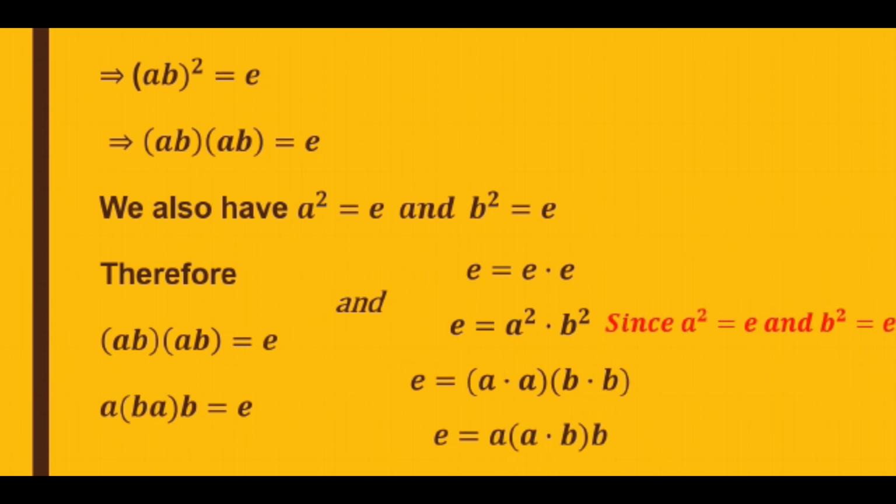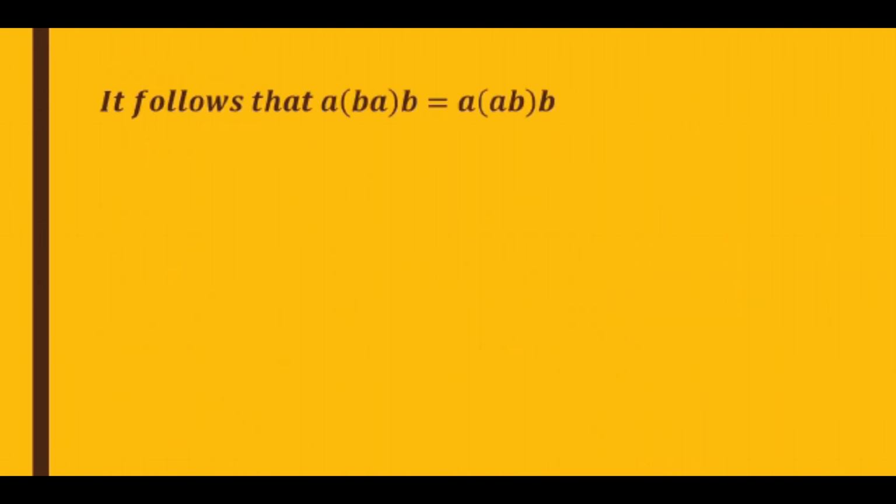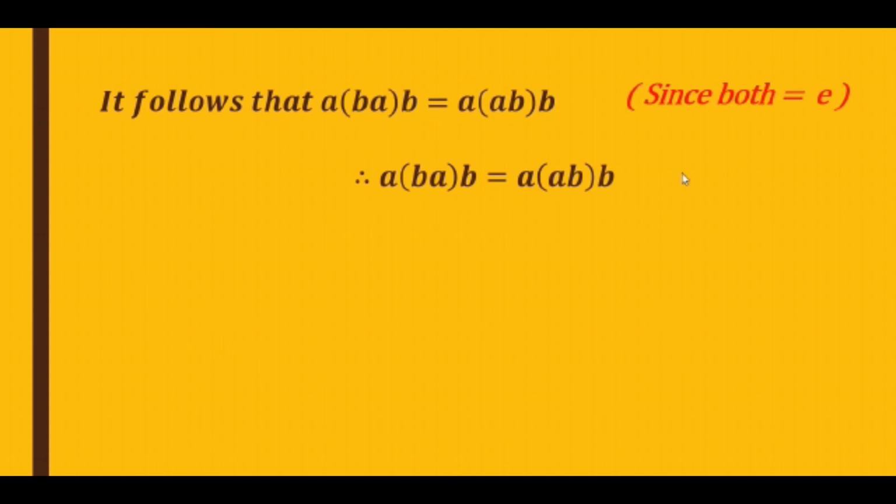If you look at these expressions, this one and this one, they both equal E, as you can see, so we can simply equate them. So it follows that A(BA)B is equal to A(AB)B, since they both equal E. Therefore we have this.